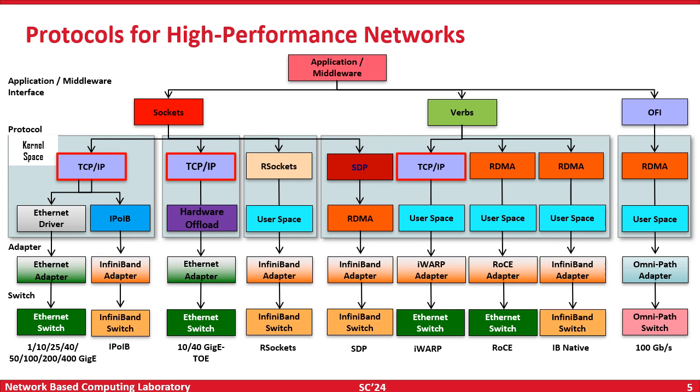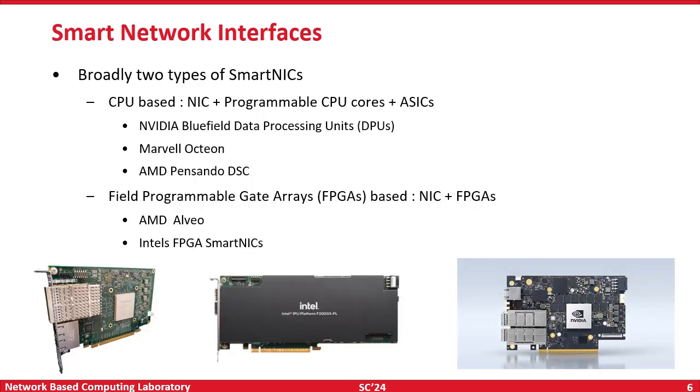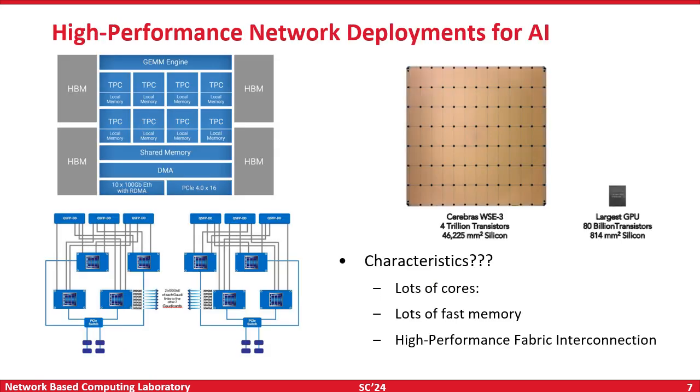We'll also be covering an overview of the smart network interfaces, such as CPU based and FPGA based, and high performance network deployments specifically for AI, such as Cerebras systems and their characteristics, with millions of cores, lots of fast memory, and a high performance fabric interconnect.